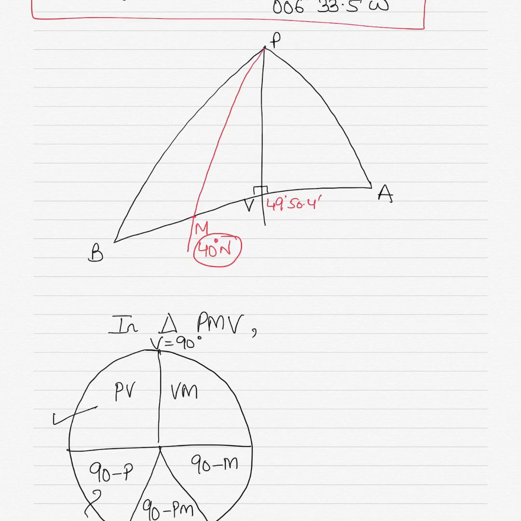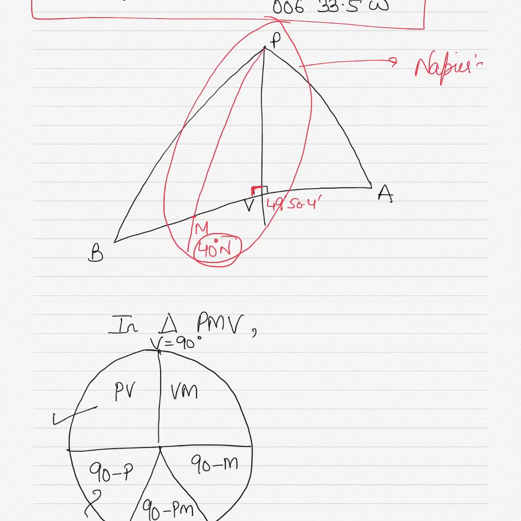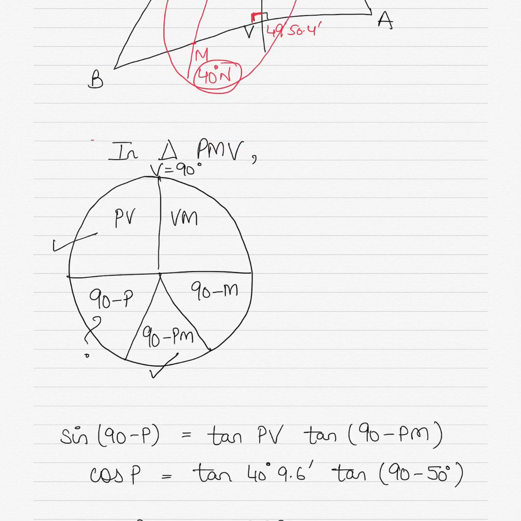To do that, we use the triangle PVM because this gives us a 90 degree vertex angle, and then we can use Napier's rules. So you have to get the vertex involved because the vertex gives us a 90 degree angle. So in triangle PMV, vertex is equal to 90 degrees.